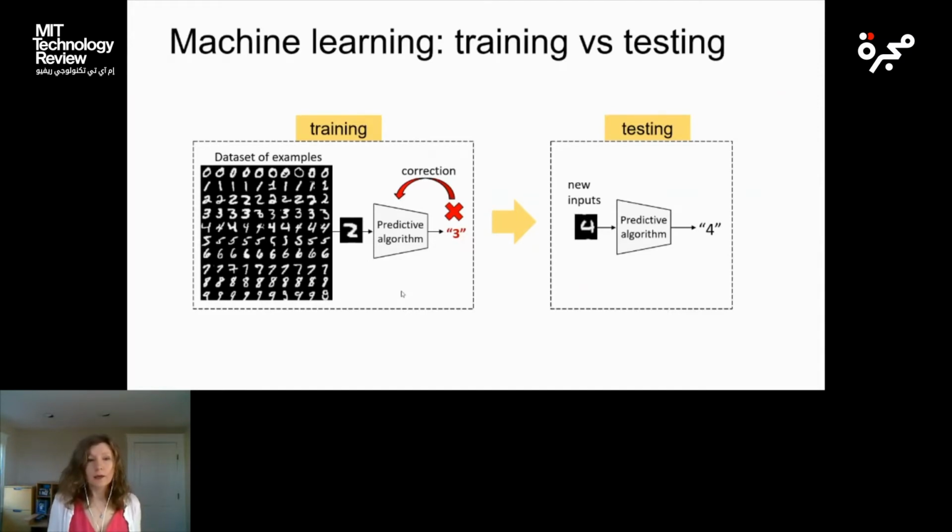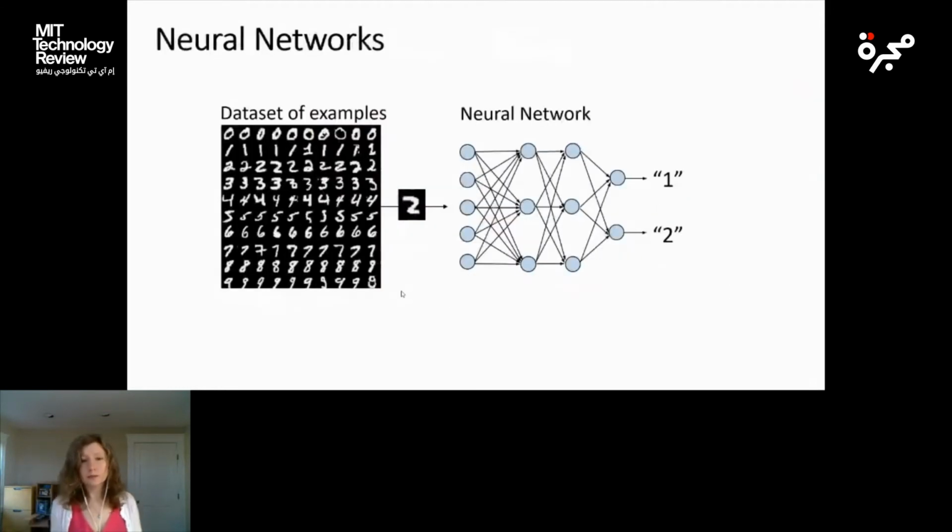I already mentioned neural networks. This is by far the most popular algorithm right now that people use, at least for highly complex structured data like images and text. It has connections to the brain; it's inspired by neurons in the brain.